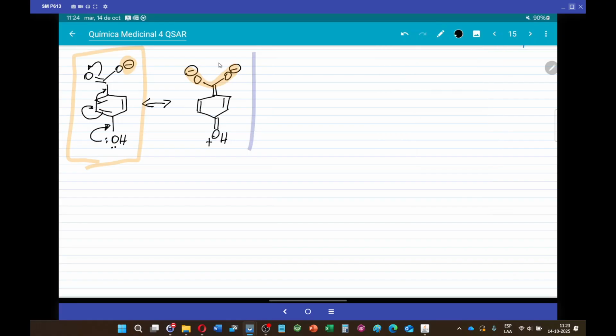However, this effect that I just explained does not exist when we are in meta position. You will say, but the conjugate base is formed, and there must also be some type of resonance. And of course, yes, but when we are in meta position, the resonance of the electron pair moves, and it does not reach the carboxylate, but stays on the outside.